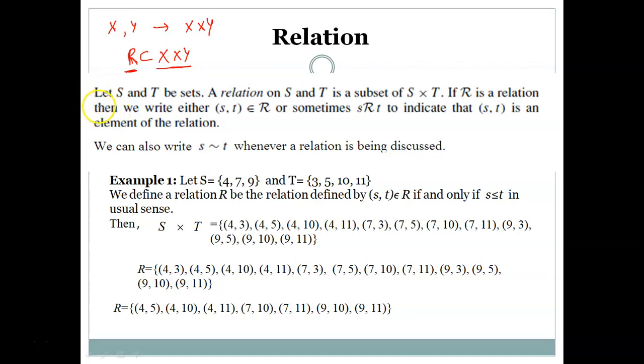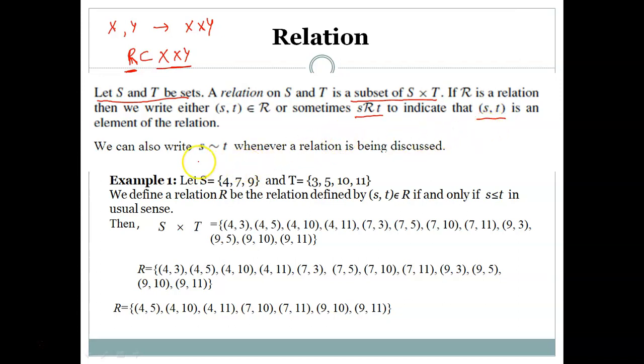For example, let S and T be two sets. A relation on S and T is a subset of S cross T, the Cartesian product of S and T. If R is a relation, then we say the ordered pair (s, t) belongs to R, or sometimes we write the same thing as s related to t, to indicate that this ordered pair (s, t) is an element of the relation.